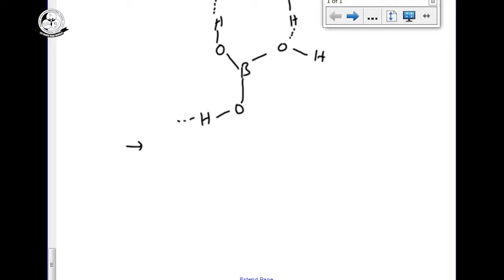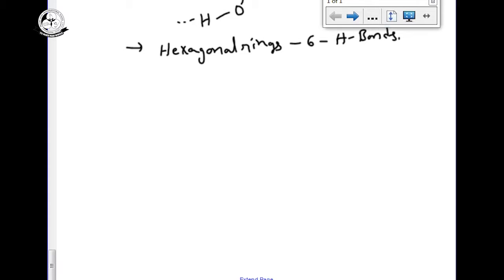Due to the formation of hydrogen bonding, it has hexagonal rings, and each hexagonal ring can form 6 hydrogen bonds. This is about boric acid.